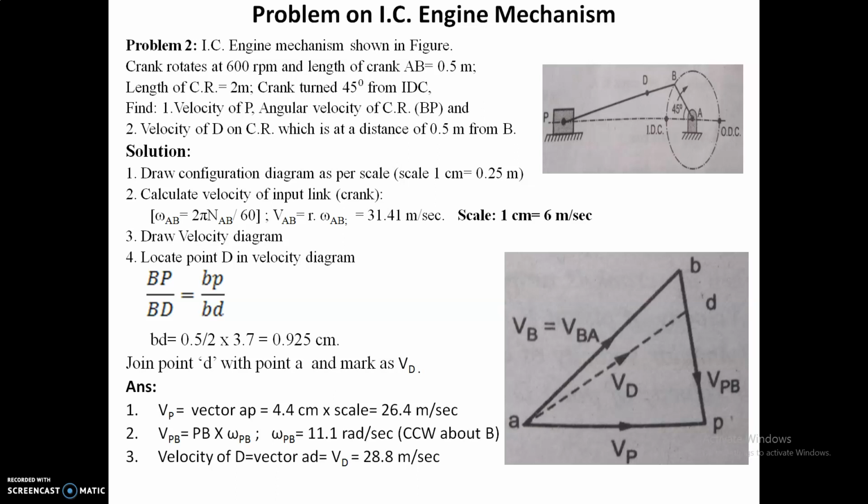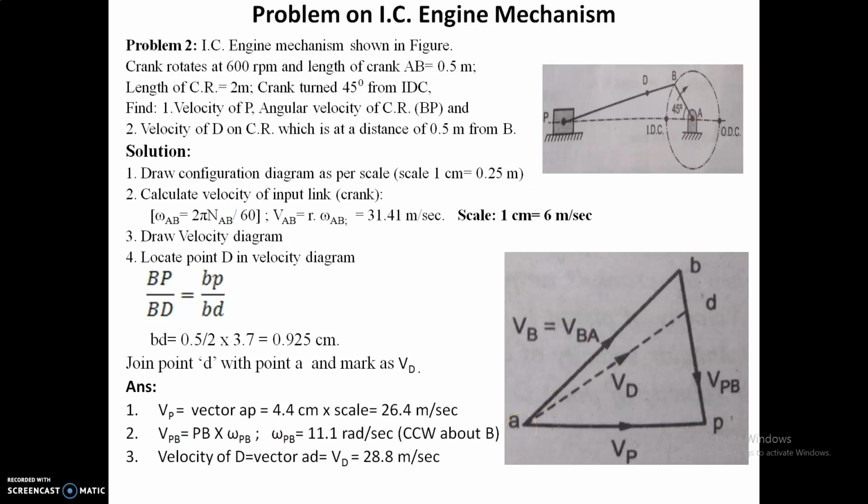First of all, you fix the fixed point. Here A is the fixed one, so you locate the fixed point, capital A, here as small a. While making the velocity polygon, always try to give the notation as small letters. So here capital A is the fixed point, and I have given the notation of small a.